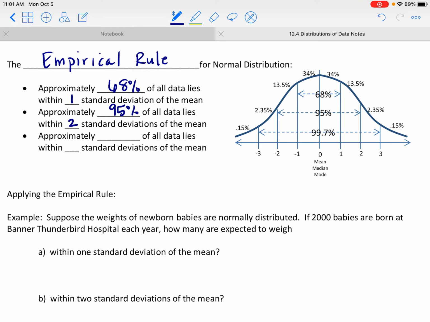And then one step further, 99.7% of the data in normal distribution will be within 3 standard deviations of the mean. 99.7, that's just about all of it, okay? So almost all of the data is within 3 standard deviations of the mean. So I added the standard deviation once, twice. If I added a third time, I'd be at 65,000.